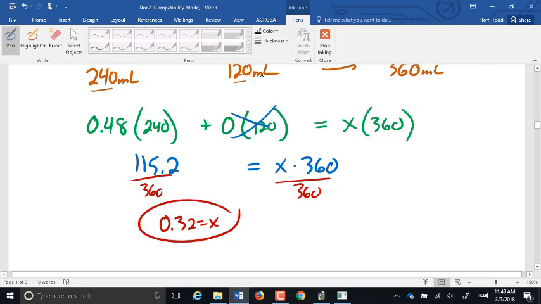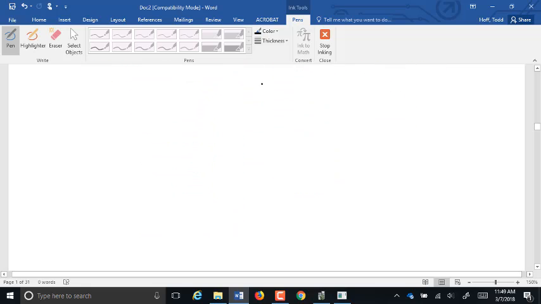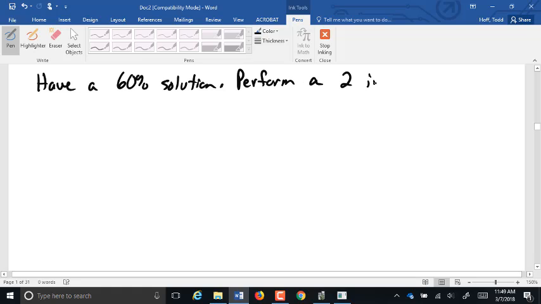Well, we can do a similar thing here. If I want to say we have a 60% solution and we perform a 2 in 5 dilution on that solution.